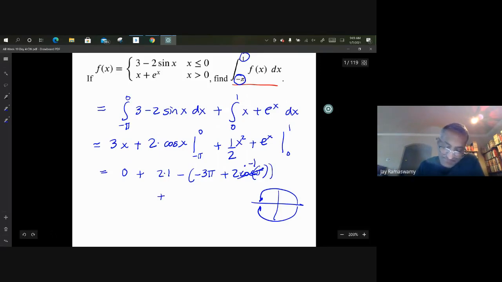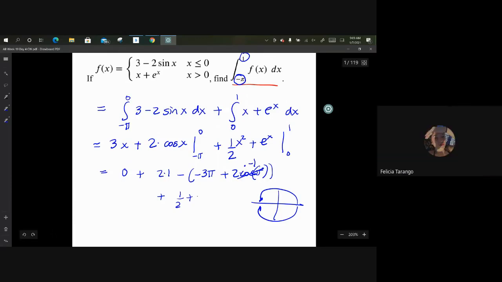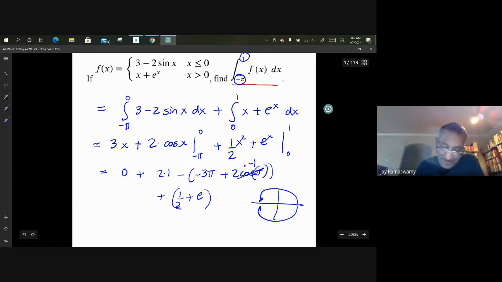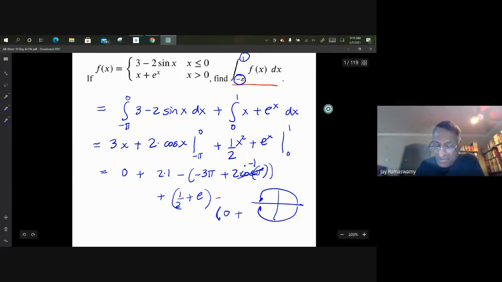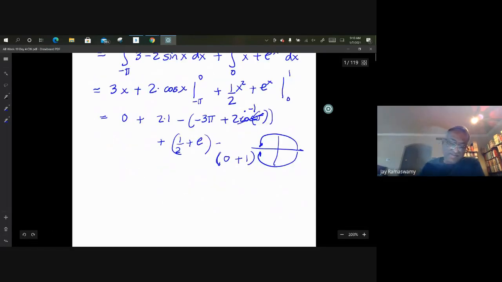Okay. Plus, next is that 1/2 plus e to the power of 1, minus 1/2 times 0, write the 0, plus e to the power of 0, which is 1. Correct? It's smart to write the 0. Okay. Let's wrap it up. 2, continue.